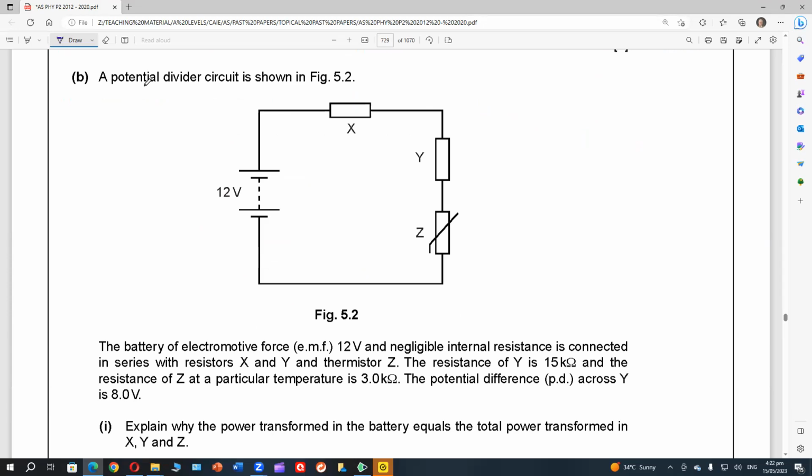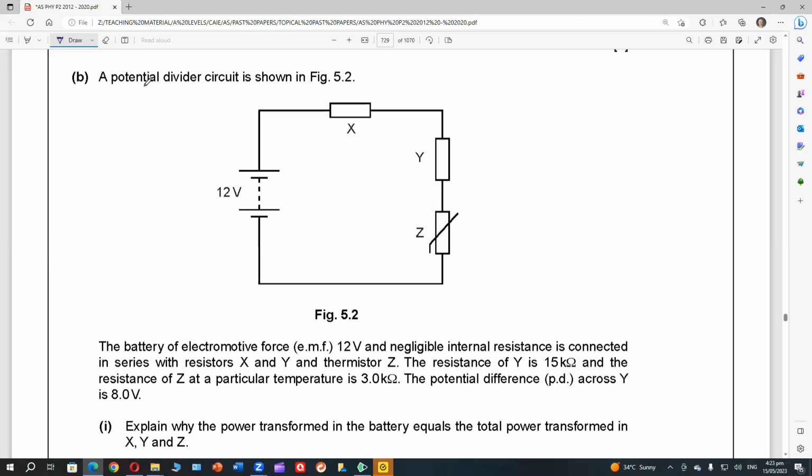A potential divider circuit is shown. The battery of EMF 12 volt and negligible internal resistance is connected in series with resistor X and Y, and thermistor Z. The resistance of Y is 15 kilo ohm and the resistance of Z at a particular temperature is 3 kilo ohm.